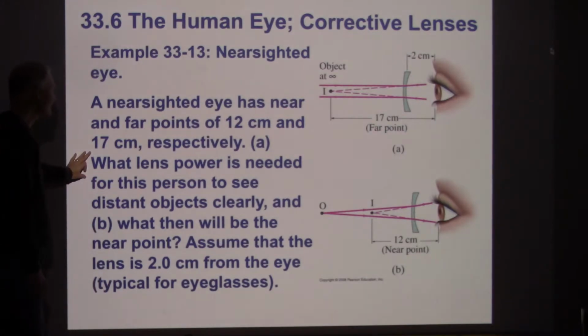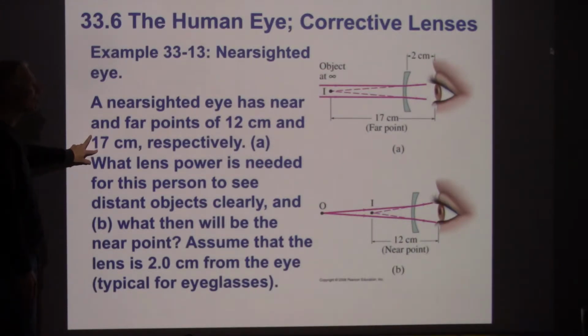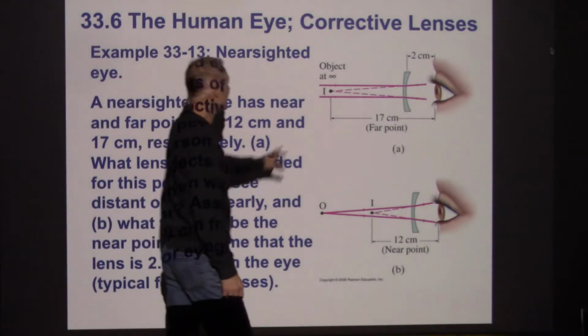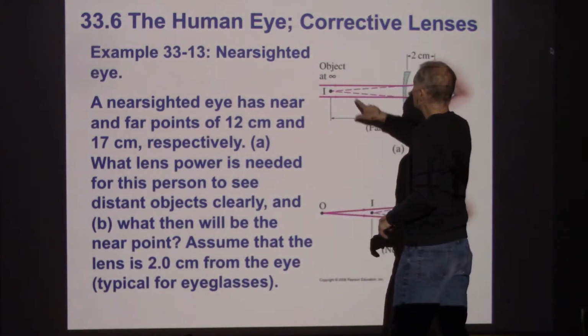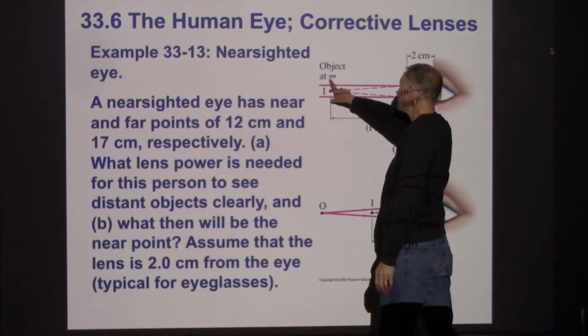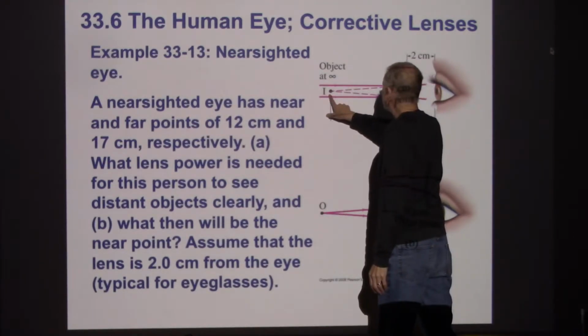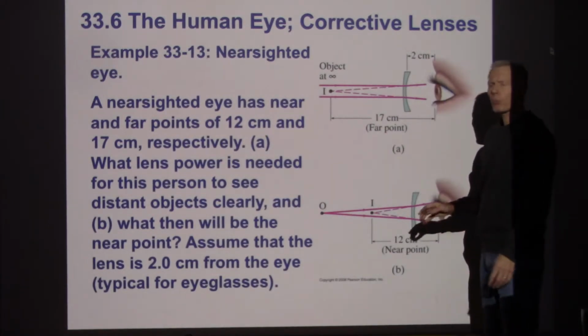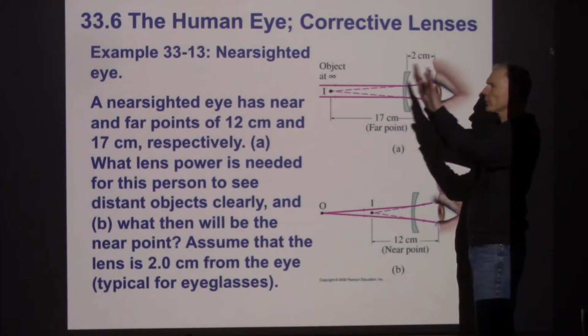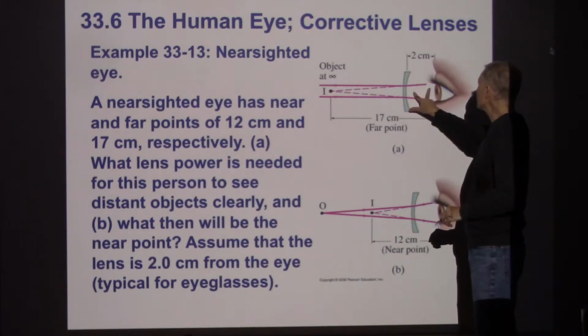So first of all, let's prescribe a lens that will correct the far point. We want the far point to be out at infinity. So the plan is to take an object at infinity, so DO is going to be infinitely large, and we want to create an image. This time we're going to add a 2 centimeter additional distance.